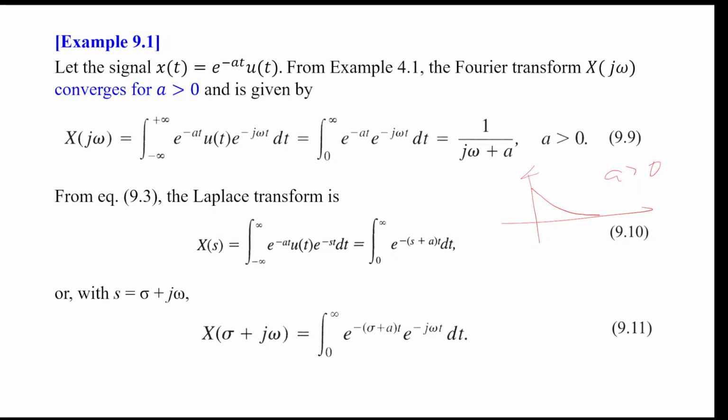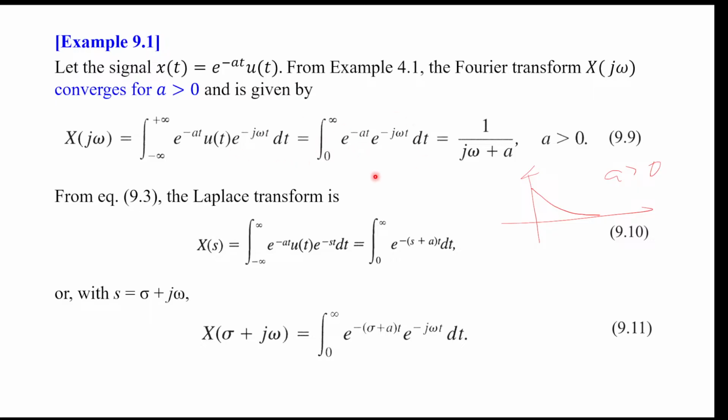It's easier. Okay. So our favorite example, our x of t is e to the minus at u of t. So this is a decaying function starting from t equal to 0. And for convenience, let's assume a is a real positive value. And then here we have a small reminder of the Fourier transform of x of t.